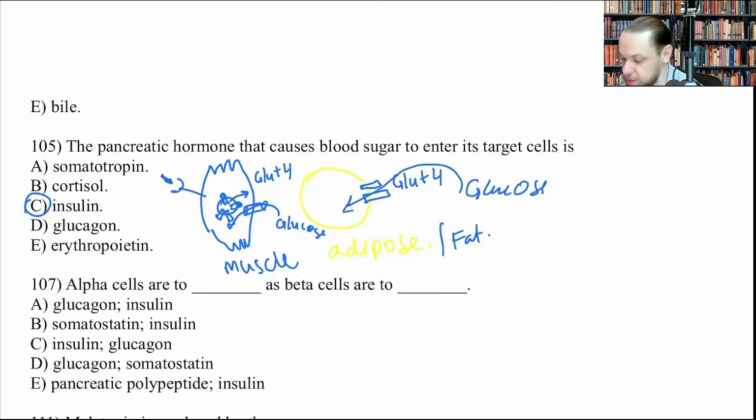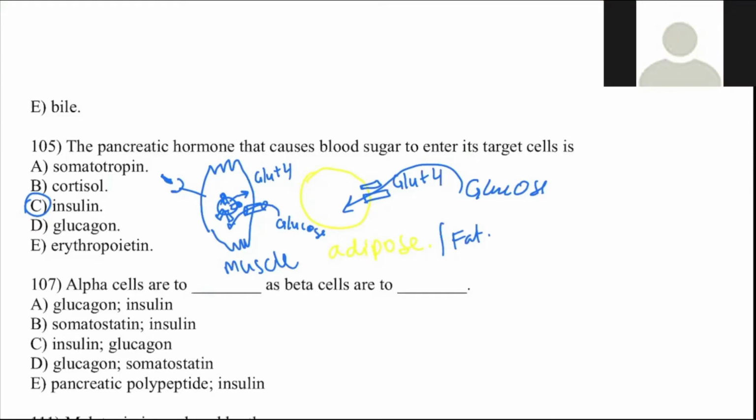So this is the insulin response. There are a couple of locations in our body where glucose transport is so important that it's not under the mercy of insulin. Which organ in the body is so important that we cannot have insulin play a role in absorption of glucose? That's the brain.